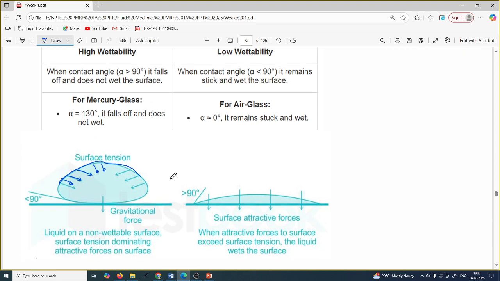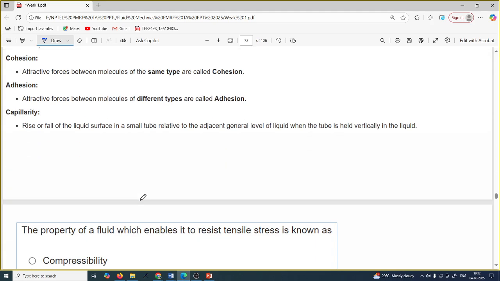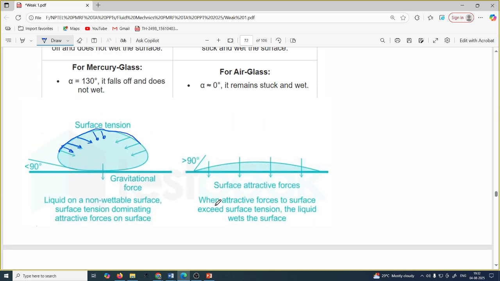Due to the cohesion, what will happen? Here you can see the liquid on a non-wetted surface, where surface tension dominates over the attractive force to the surface. When the attractive force to the surface exceeds the surface tension, the liquid wets the surface.